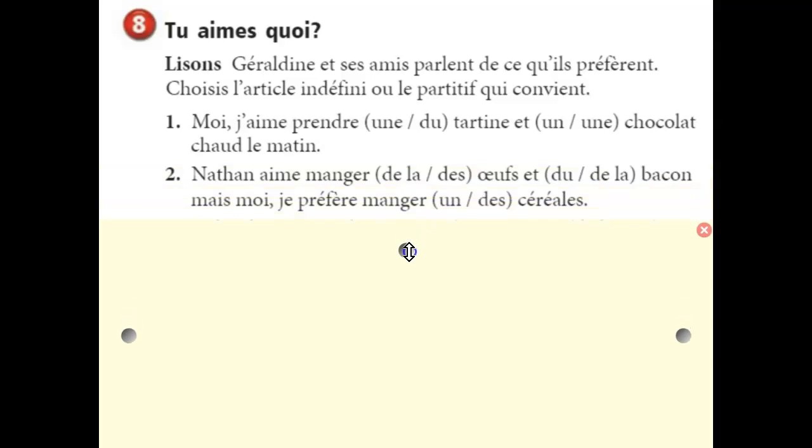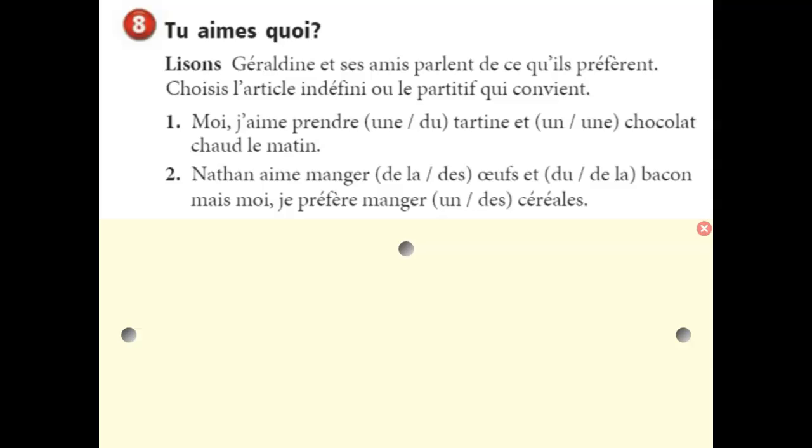Okay? So, numéro 2, your sentence is Nathan aime manger blank œuf et blank bacon, mais moi, je préfère manger blank céréales. Decide which is the correct answer for each set of parentheses.